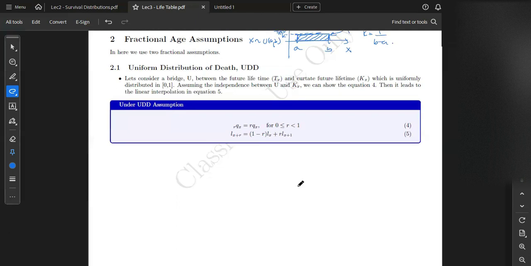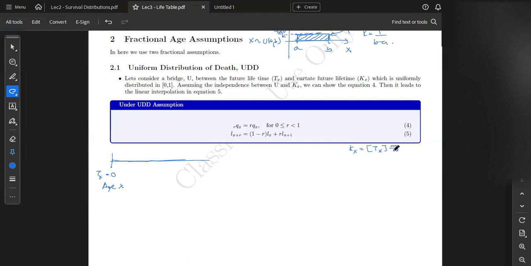Suppose we have age x at this point, that means it starts at 0. We know from the definition of the curtailed lifetime random variable that it is the integer part of the continuous future lifetime random variable.